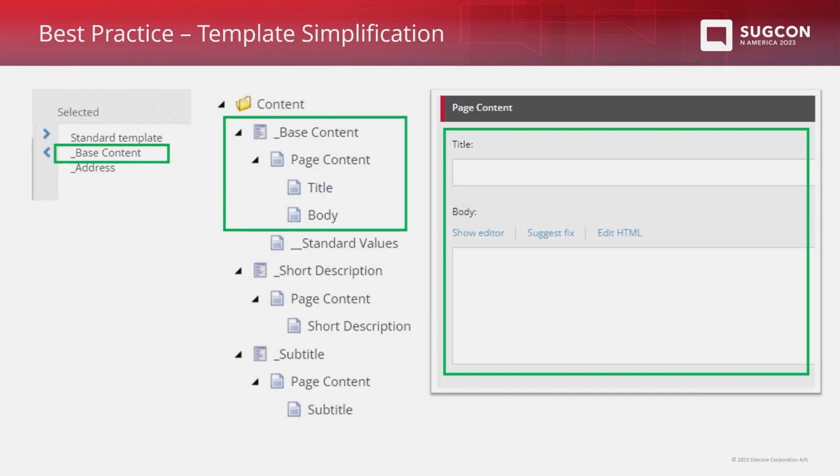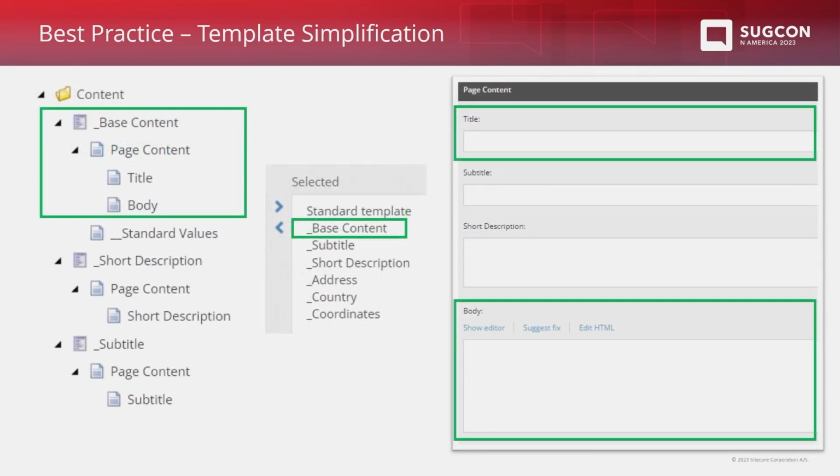So for example, here, when I pull base content into the template that I'm building, base content contains title and body. But if I need a little more, on this one you can see I have title and body, but I also need subtitle and short description.